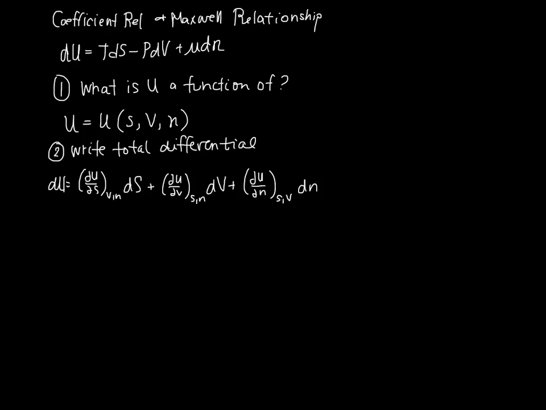So the third step, and it's sort of useful to be able to see this, which is why I'm going to try to keep it here, is to do the coefficient relationships.